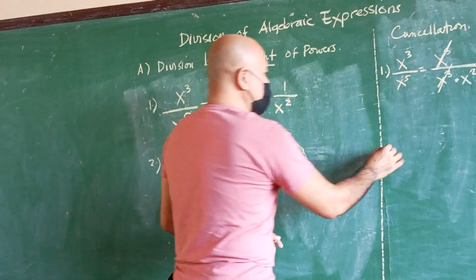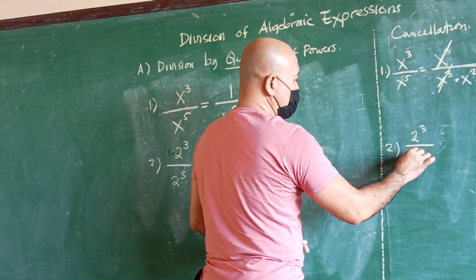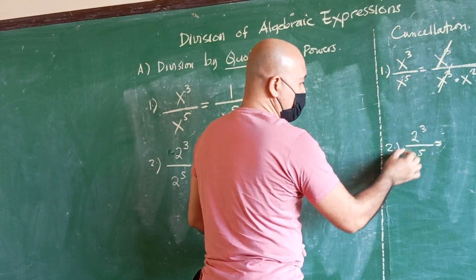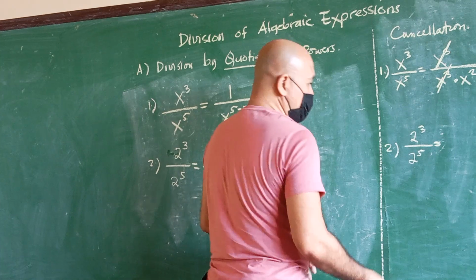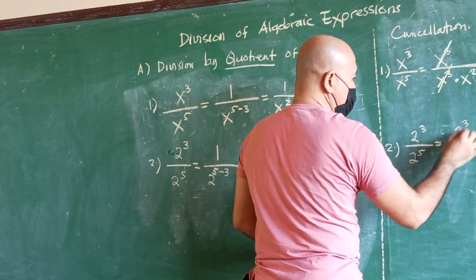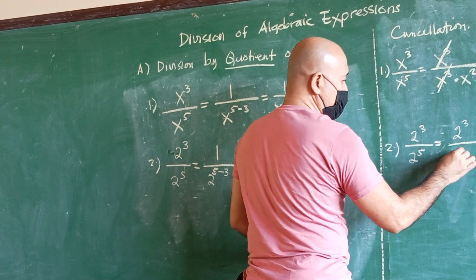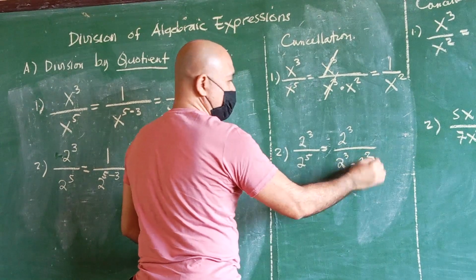Or if you use the cancellation method, that becomes 2 raised to the power of 3 over 2 raised to the power of 5. You can factor out the power that has the bigger exponent. Just copy 2 cubed, and then you may factor 2 raised to the power of 5 into 2 cubed times 2 raised to the power of 2.